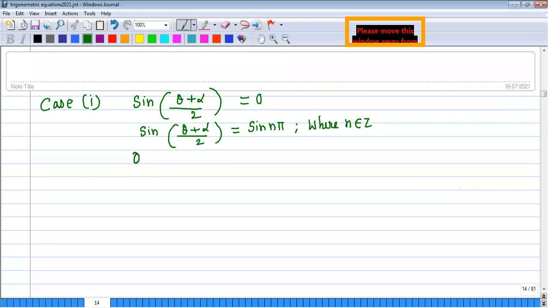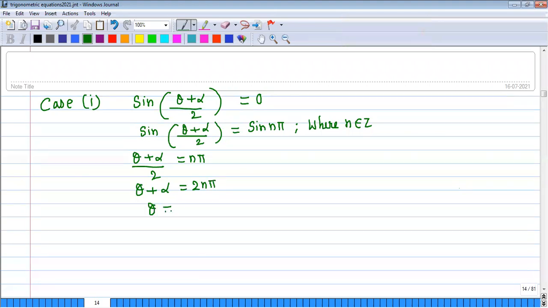So (theta plus alpha) by 2 is equal to n pi. By cross multiplication, theta plus alpha is equal to 2n pi, so theta is equal to 2n pi minus alpha, according to case 1.